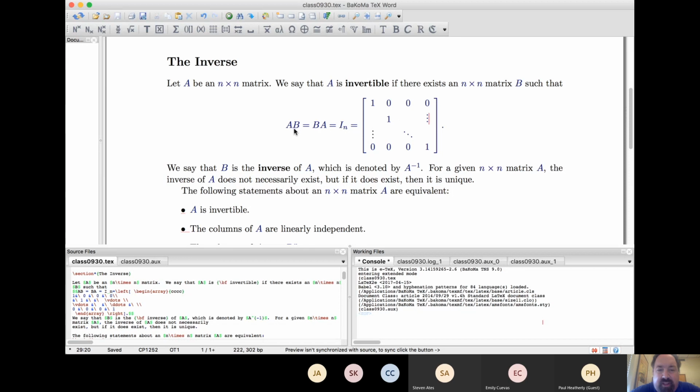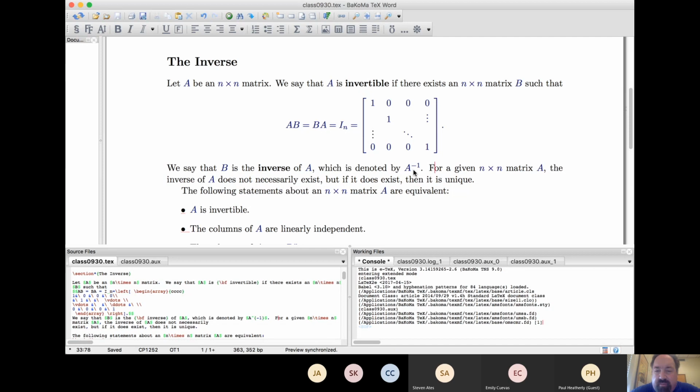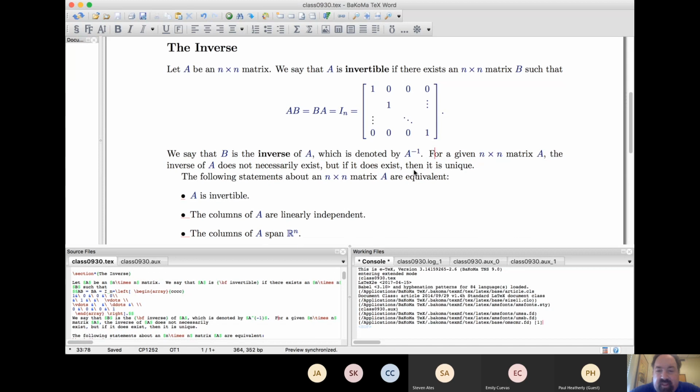If there's a matrix B that satisfies both of these equations, we call that the inverse. We refer to it the same way as the reciprocal of a number, using the -1 superscript. The inverse might not exist, but if it does exist, the inverse is unique.